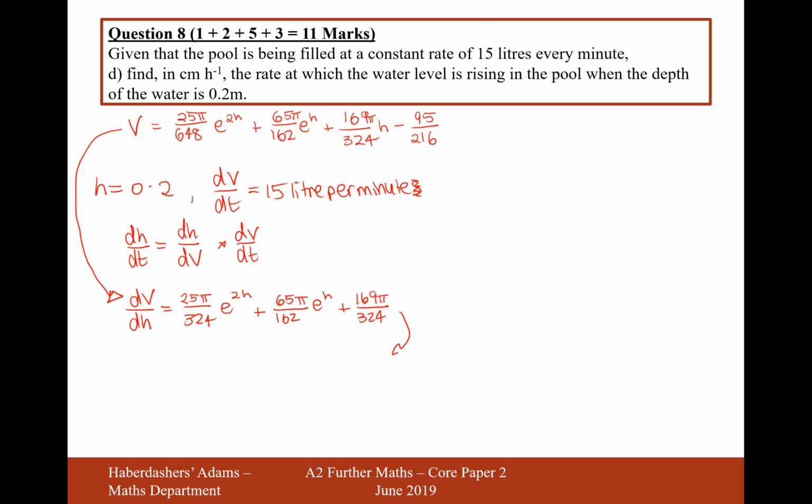And then when we substitute in h is equal to 0.2, this will give us the rate at which the volume is changing with respect to how the height is changing. So if we substitute 0.2 in, that's going to give us 3.53999 dot dot dot. Now the key to this question is working with the units that we're given.